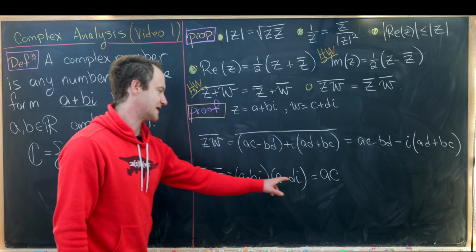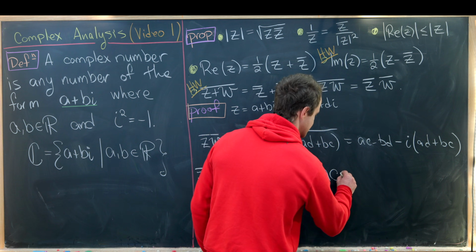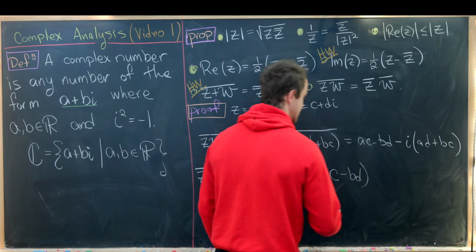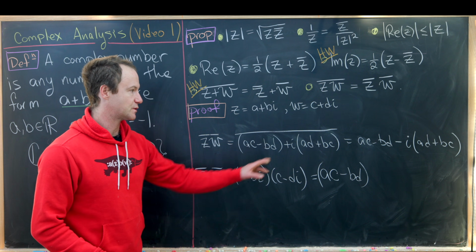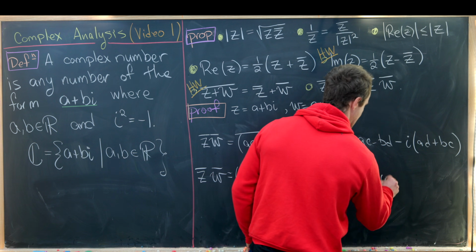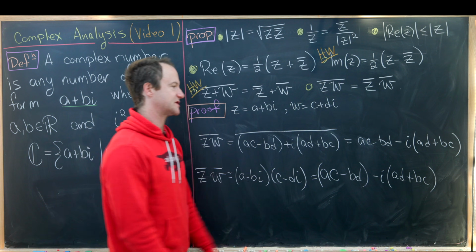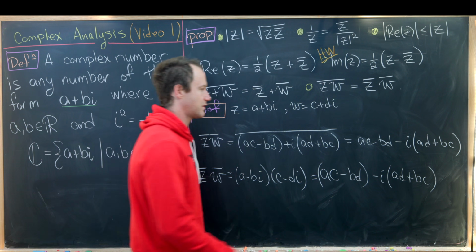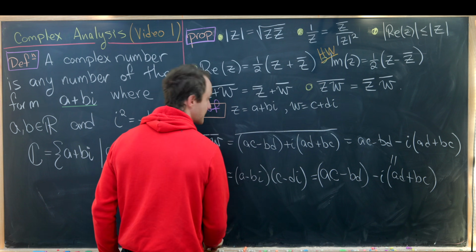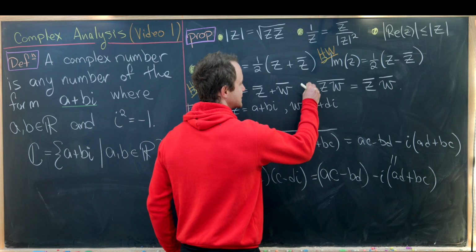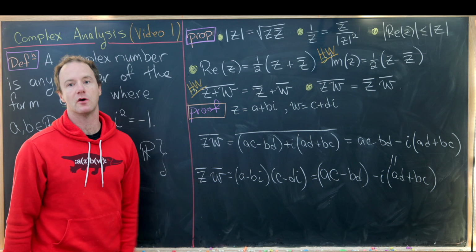But we get another minus sign from the i squared, so that'll be minus bd. Okay. And then notice we'll get exactly this. So we'll have minus i (ad plus bc), just multiplying this out. So that completes this equality here. Okay, so we've proven this last one. Like I said, these two will be homework.